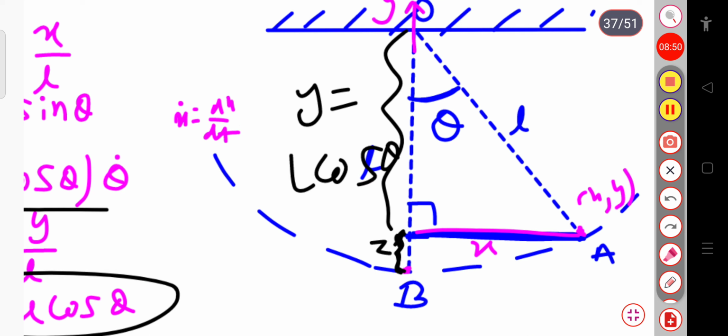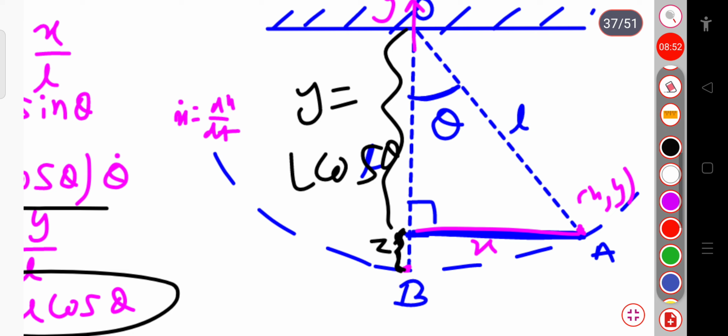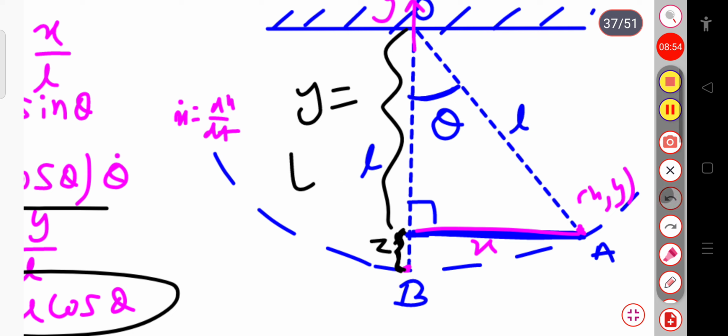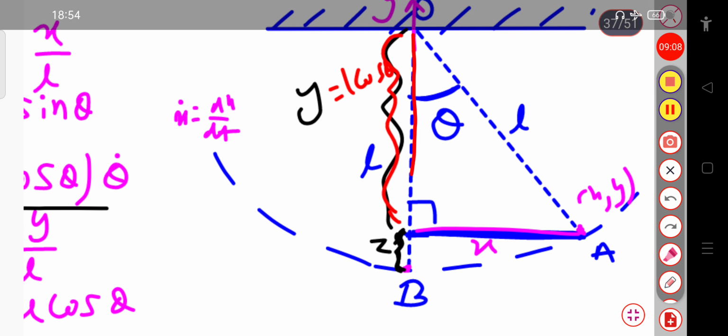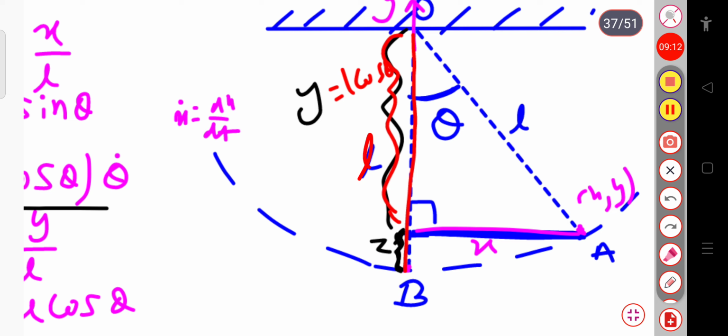Let me show you. This portion only is y equal to L cos theta. But this total distance, that is the length of the pendulum, is L.